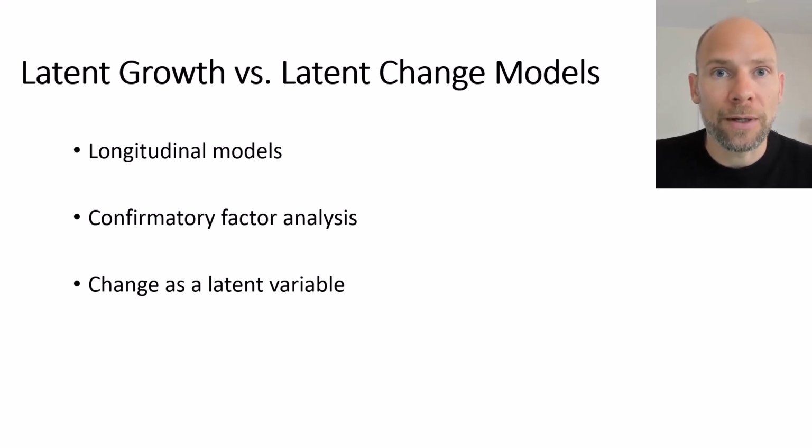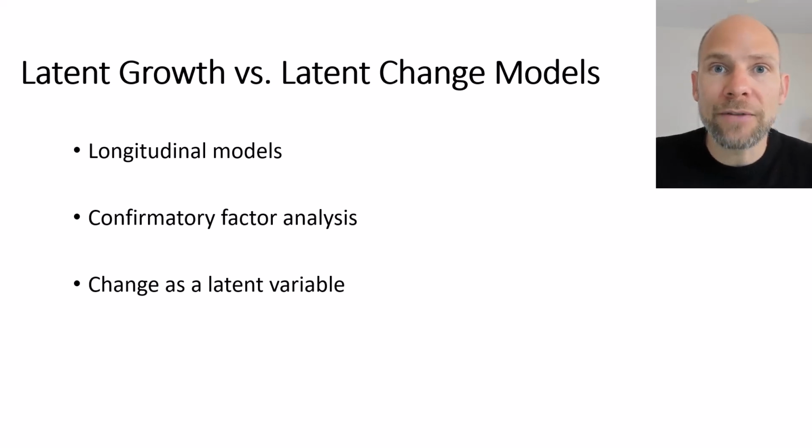So we can separate measurement error from true change with both these types of models, and that's one of the primary advantages of both models: they allow us to look at true changes over time, meaning variability across time that is not due to random measurement error, which could distort our analysis of changes across time. So we can look at changes in individuals' true scores across time that is not contaminated by measurement error. Those are some of the broad similarities between these two types of models.